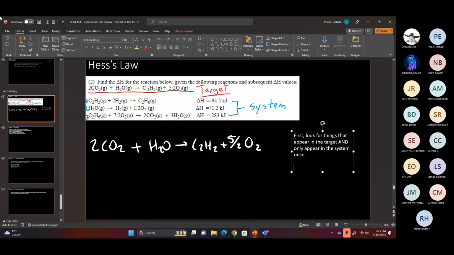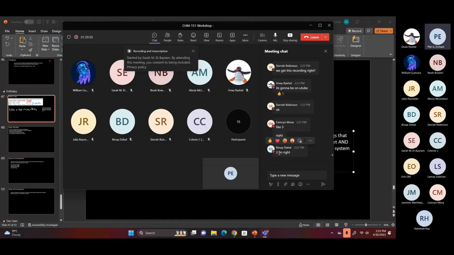So first, let's just look for CO2 in the system. What line is the CO2 on, and is it on the left or the right? Line 1, 2, or 3, left or right for the CO2? Line 3 on the right. Yep, let's make a note of that. We'll need that.